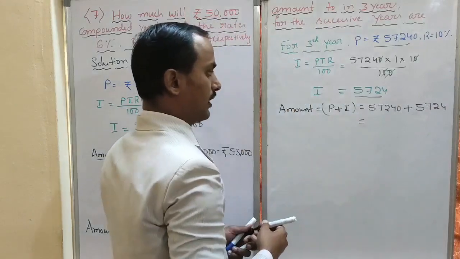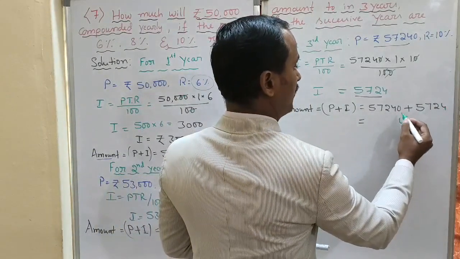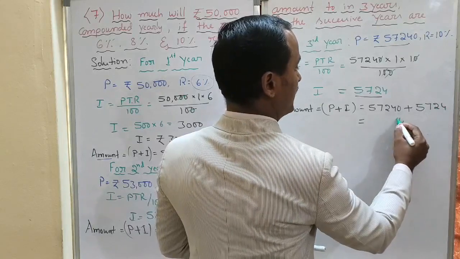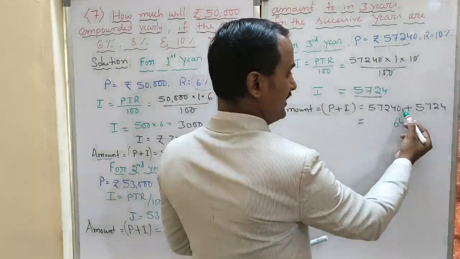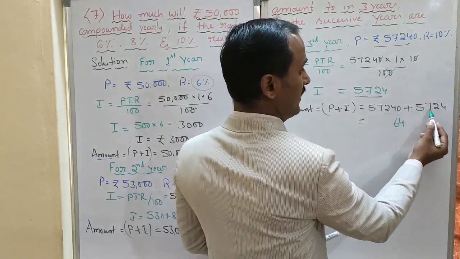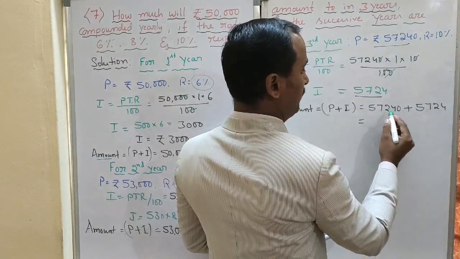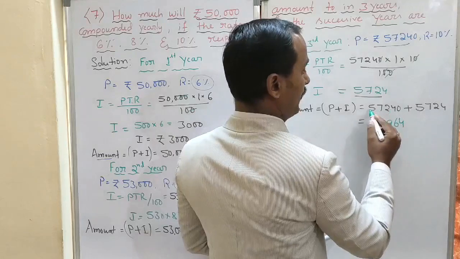These two addition, what happens? Easy addition. Look here. 0 plus 4 is 4, 4 plus 2 is 6, 2 plus 7 is 9, 7 plus 5 is 12, 1 carry, 5 plus 1 is 6.